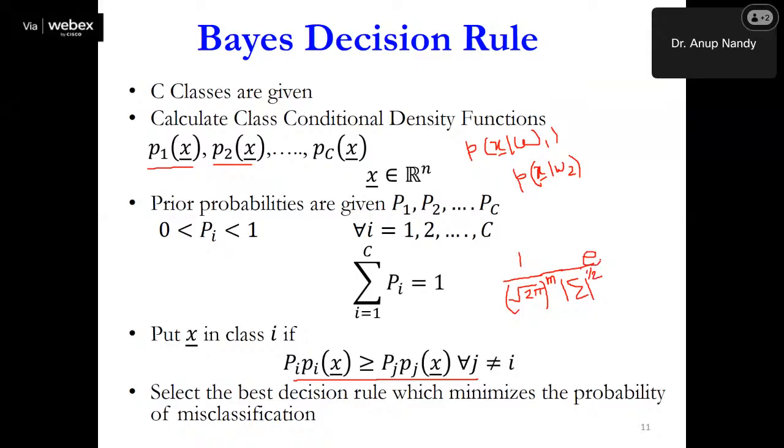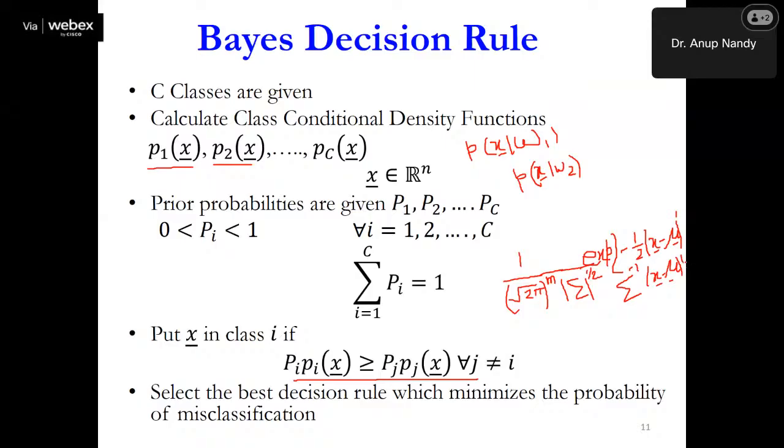Then you have exp of minus half, then (x minus mu) transpose. X is a vector, mu is also a vector, that is the transpose, then sigma inverse, then (x minus mu).